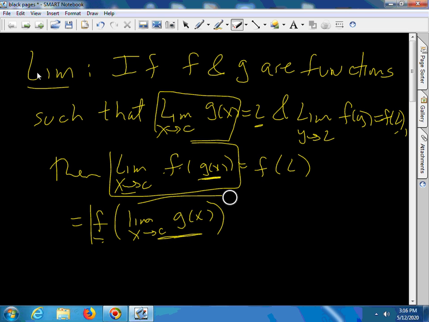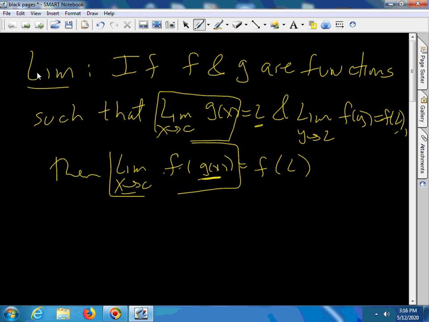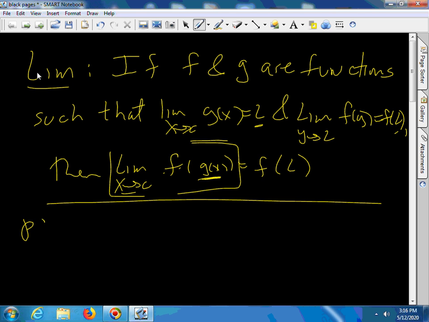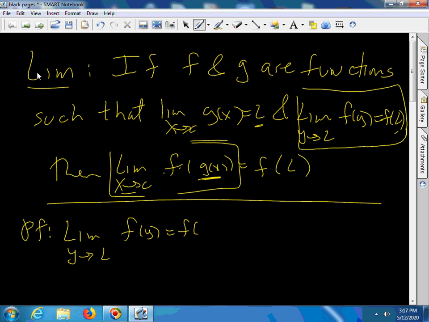Well, let us prove this. And like always, we prove things using definitions. The first thing we want to do in the proof is to state what this really means. What does it mean that the limit as y goes to L of f of y is f of L?